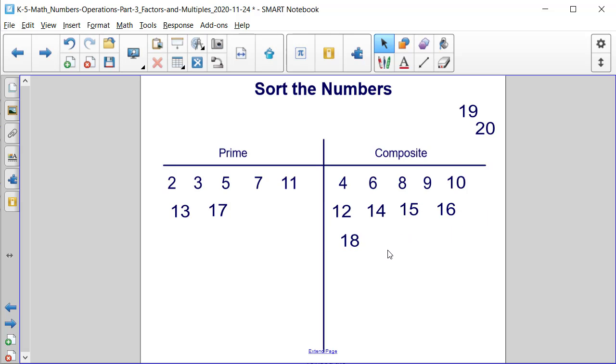It's divisible also by 2, 3, 6, and 9. 19 is prime because it's only divisible by 1 and itself. And 20 is composite because it's divisible by 2, 4, 5, and 10 in addition to 1 and itself.